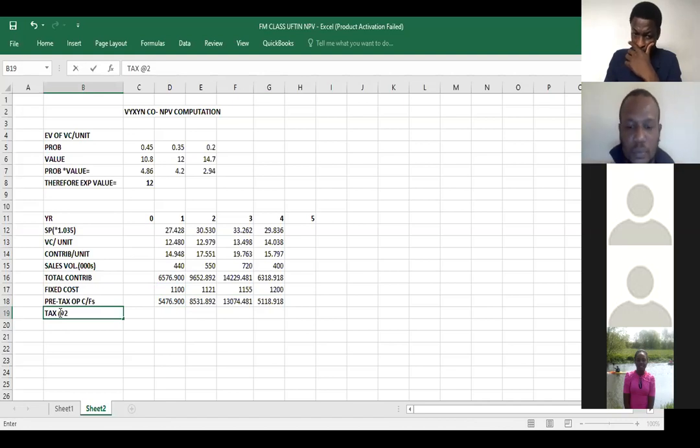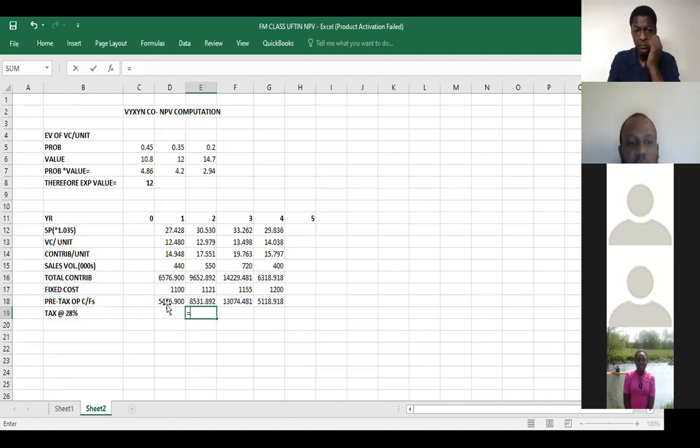One year in arrears, so this will be equal to the previous year pre-tax operating cash flow multiplied by 0.28.